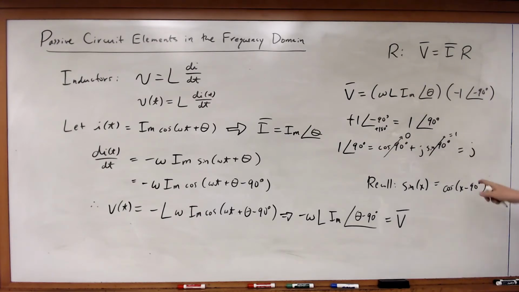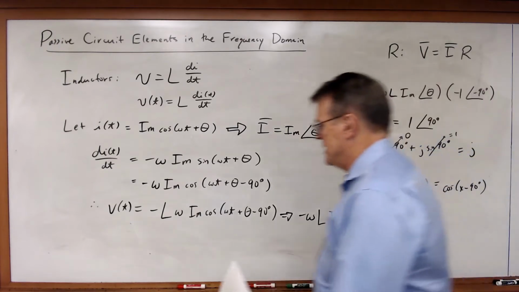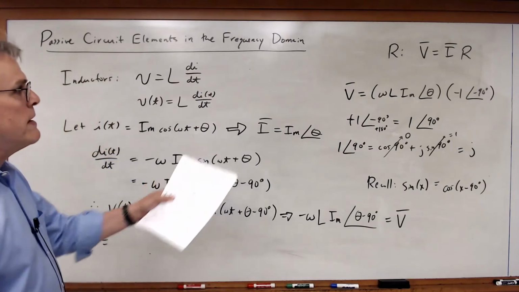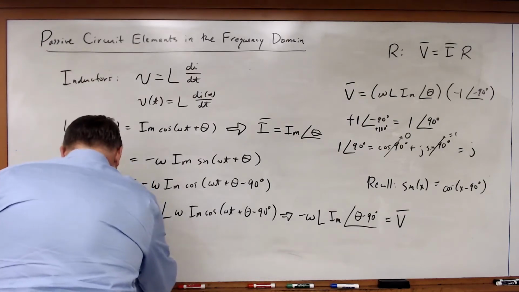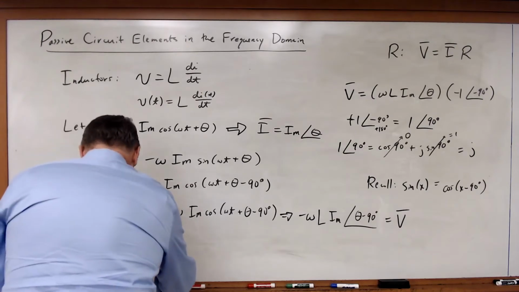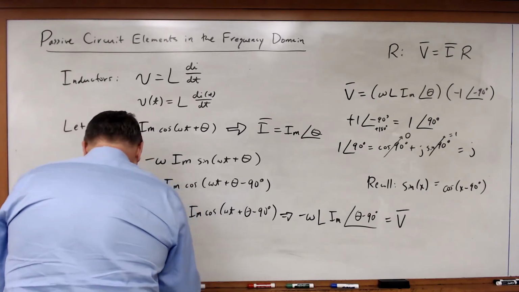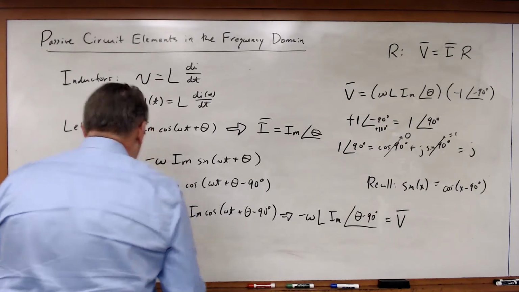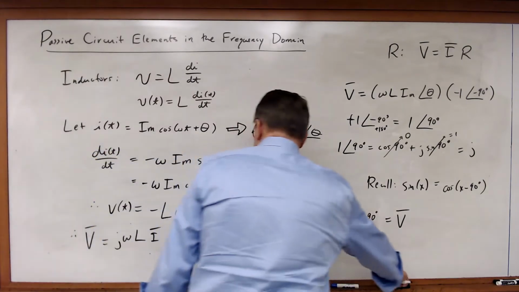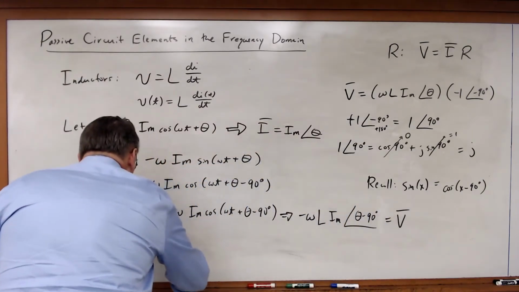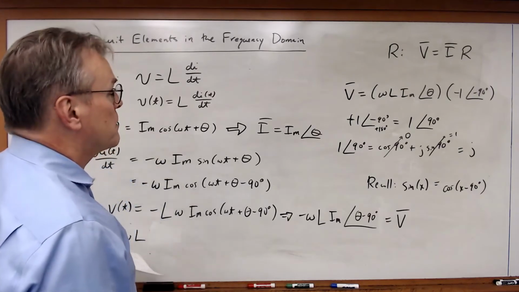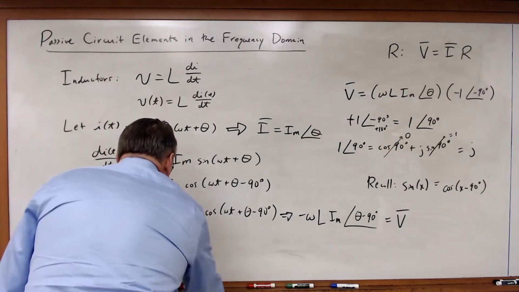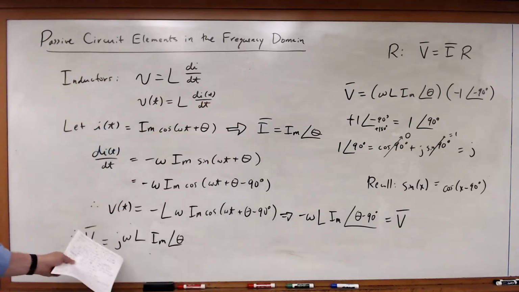So therefore, the phasor voltage V is equal to j omega times L times Im at a phase angle of theta degrees, just plugging directly into that.